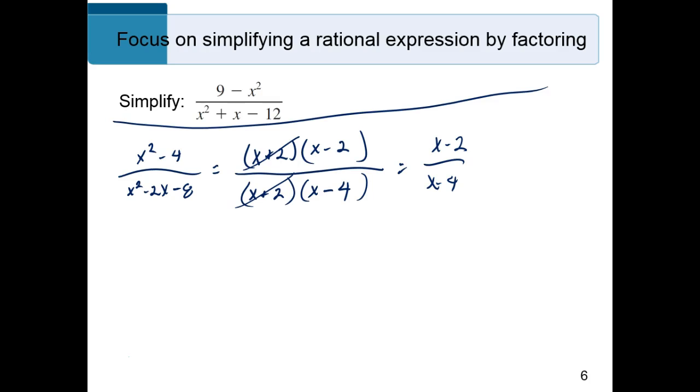You can only divide out things that are multiplied, not subtracted or added or anything else. Does that make sense? So if you're tempted to, resist temptation. And that sure is what we got. The book also says in the side that x cannot equal negative 2 nor 4. Most of the time they're not going to say that, I think. But let's see.